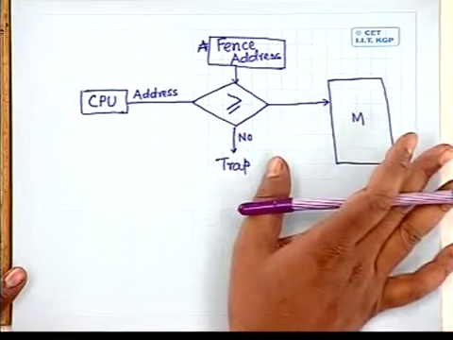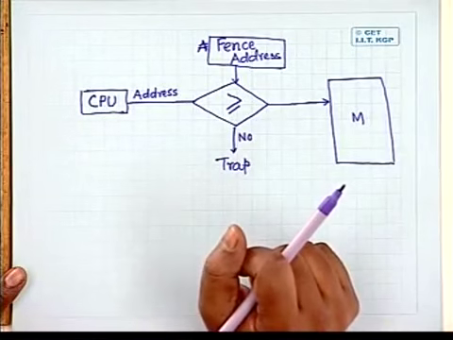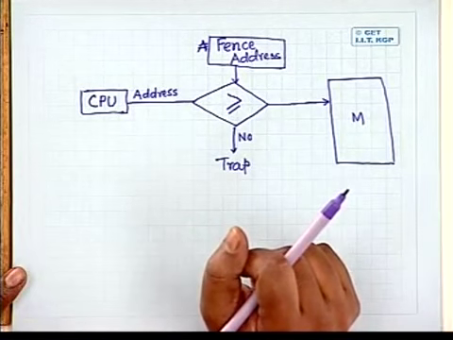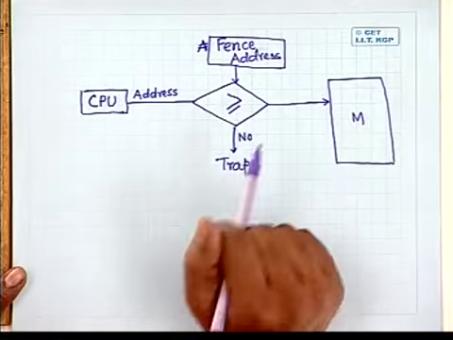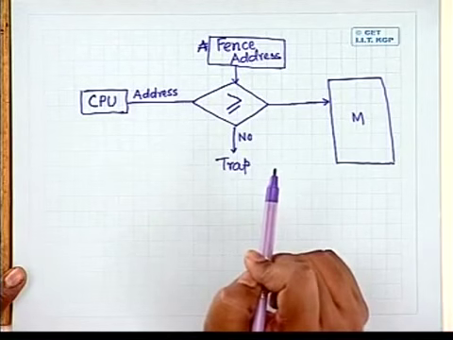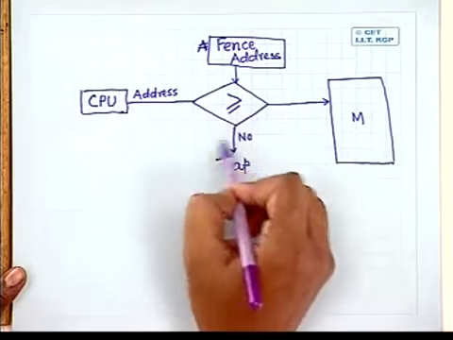To solve this problem, let us not fix the fence address in hardware, but let us have something called a fence register. The content of the fence register will say what the fence address is, and the comparator part can still be in hardware.